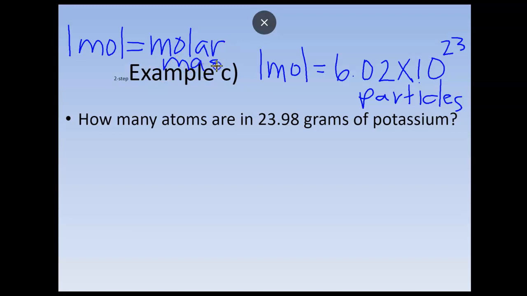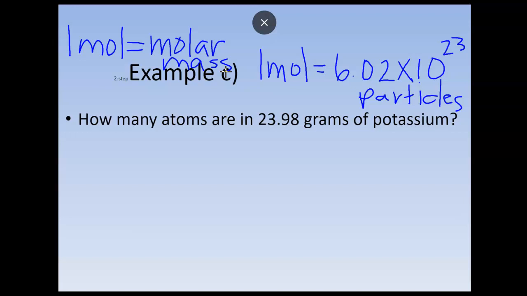So that means we are going to need to use molar mass as well. We are going to set up a calculation so that we can not only calculate moles from these grams, but then go on and calculate atoms.